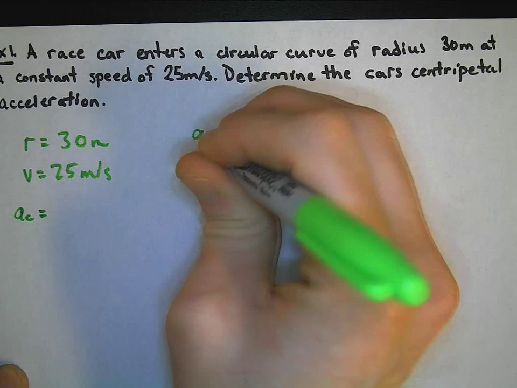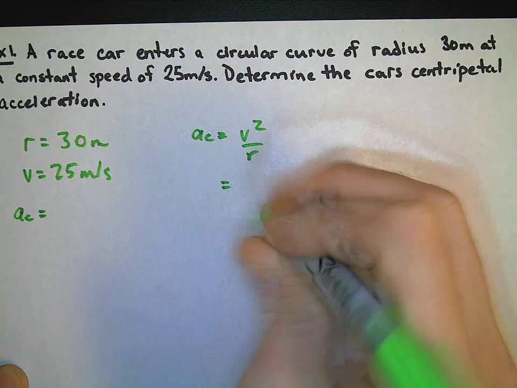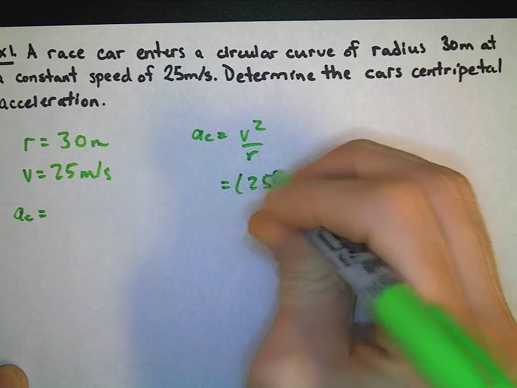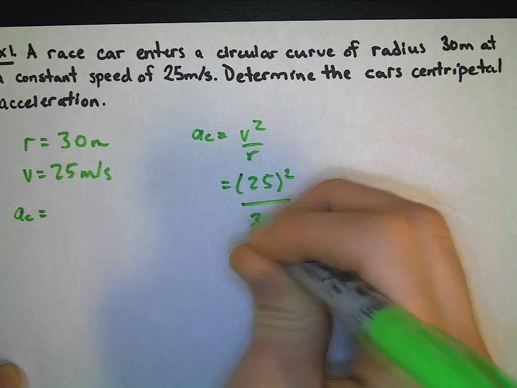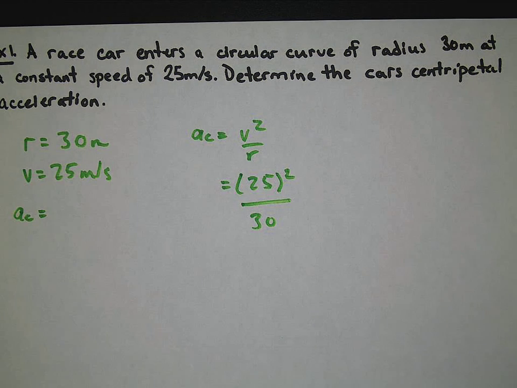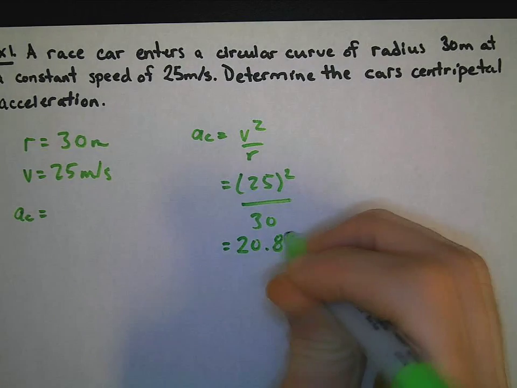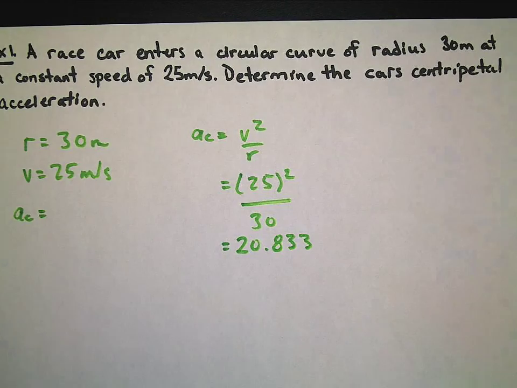So AC is v squared over r. We'll take 25 squared and put it over 30 to see what we would get. 625 divided by 30, 20.833. How many significant digits? One significant digit.